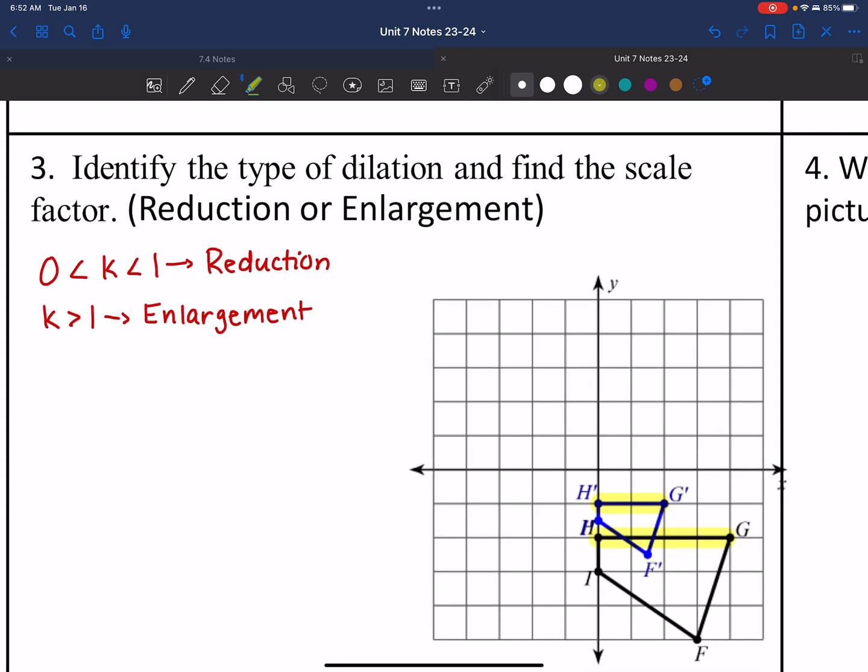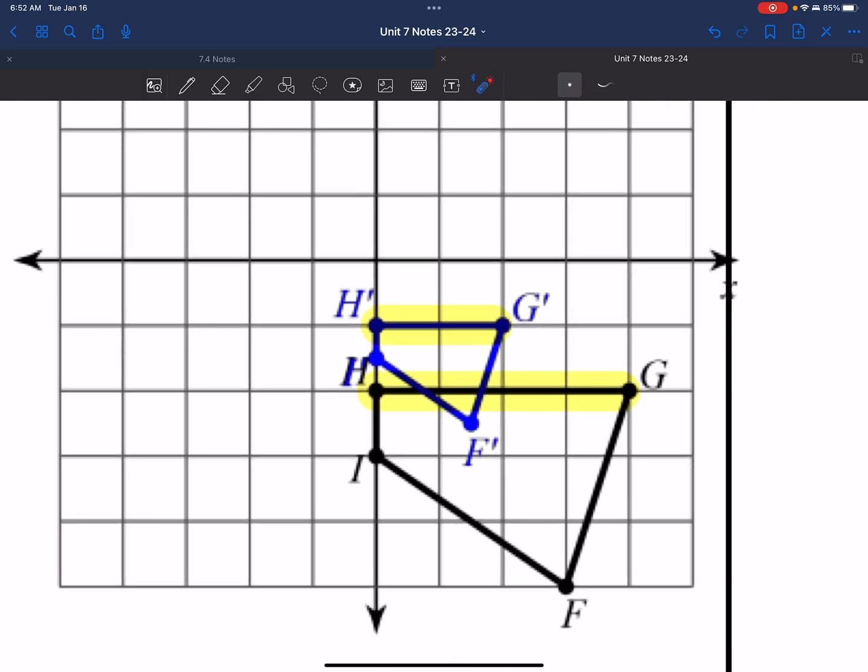So we always start with the one without the little prime notation. So H prime, G prime, that's going to be our image. HG is our pre-image. And we have to try and figure out what the scale factor is. So on HG, we can see that it's 1, 2, 3, 4 units long. H prime, G prime is 2 units long.